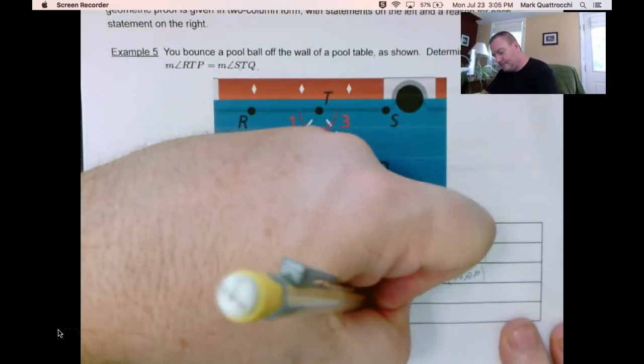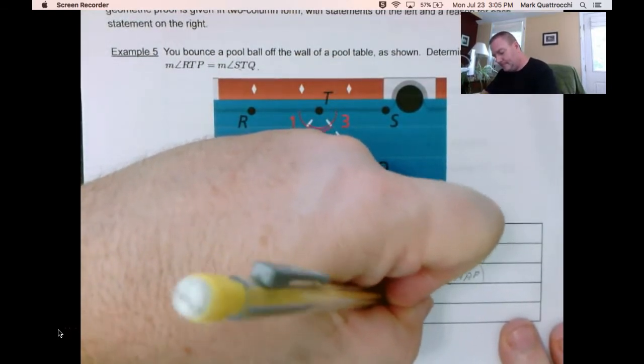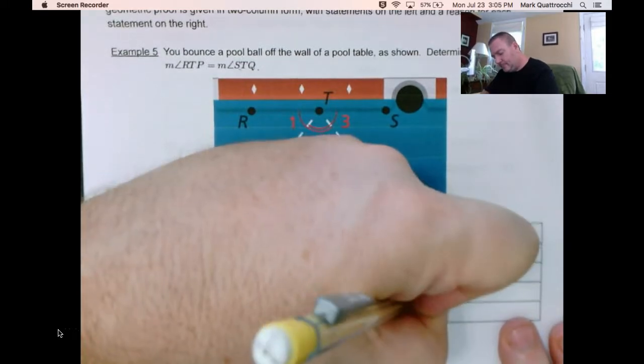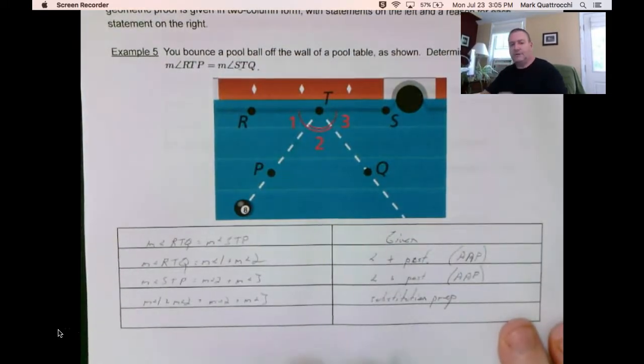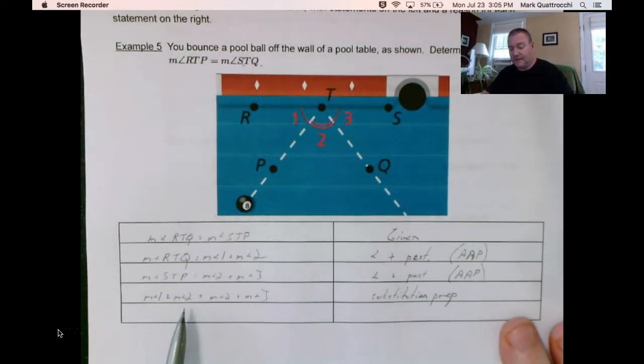Substitution property. I do want you to write out the word substitution because I don't want it to be confused with subtraction by accident, which comes up next because we have a measure of angle 2 and the measure of angle 2 on both sides of the equal sign.